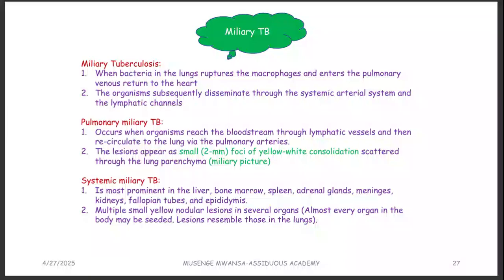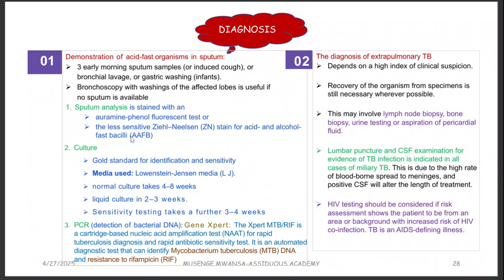So, how do you diagnose TB? This is very important because the majority of the questions you will have, even after you take the history and do the physical exam, expect you to say what investigations you would carry out.